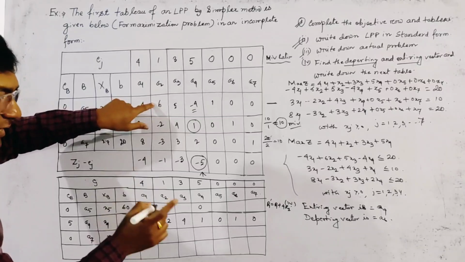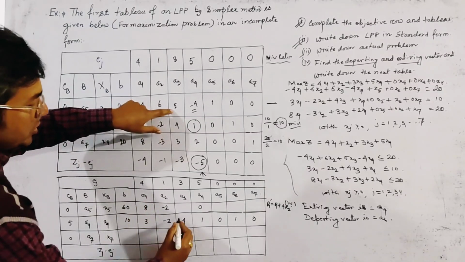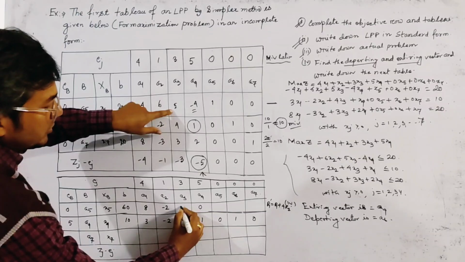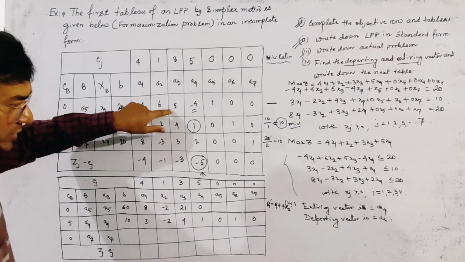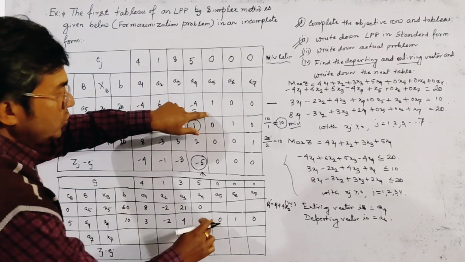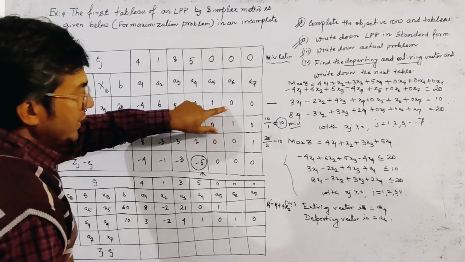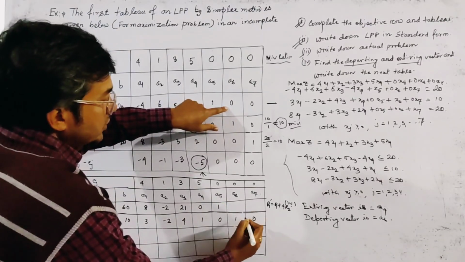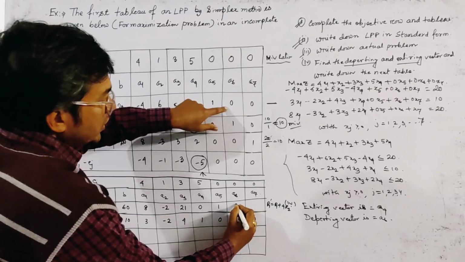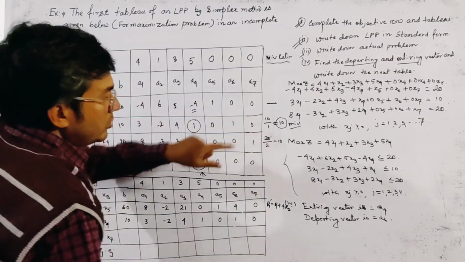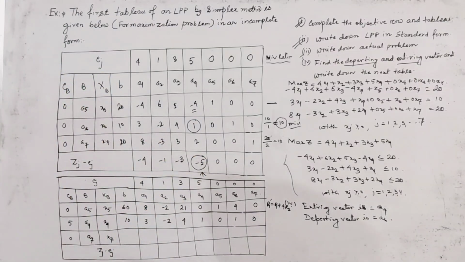This is 5 plus 4 into 4, this is 16 plus 5, so it is 21. And this is 0, 1 plus 0 into 4, which is obviously 1. And this is 0 plus 4 into 1, this is 4. And this is 0. So this is the first row.